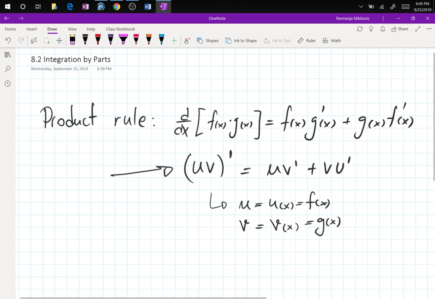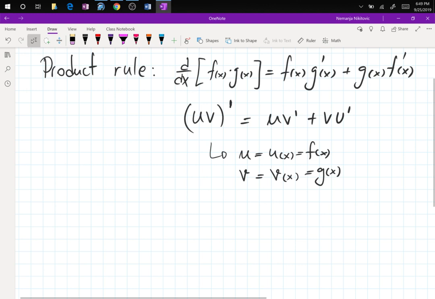And what I'm going to do now is derive the integration by parts formula, starting from the product rule formula. Now I'm going to take this formula and use the Leibniz notation.